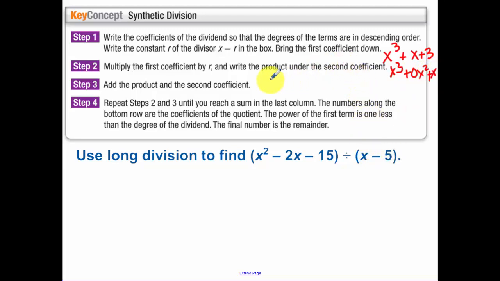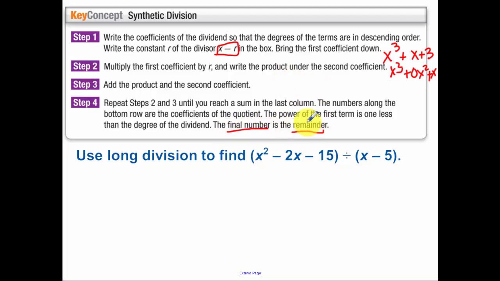Make sure you change it to x minus r in the box. Multiply the first coefficient by r and write the product under the second coefficient. Add the product and then repeat until you get your final answer, which is the remainder.